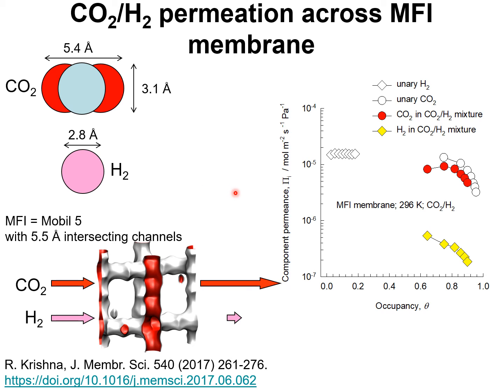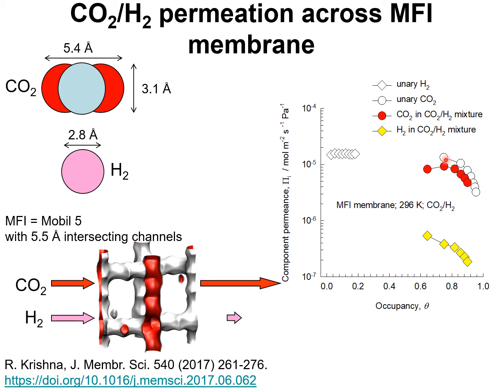Let's first consider the data on the unary permeation of hydrogen and CO2. The unary permeances are plotted here with open symbols. The diamonds are for hydrogen, unary permeance of hydrogen, and the circles represent the unary permeance of CO2. Due to the much stronger adsorption strengths of CO2, the occupancy within the membrane is significantly higher than the occupancy of hydrogen.